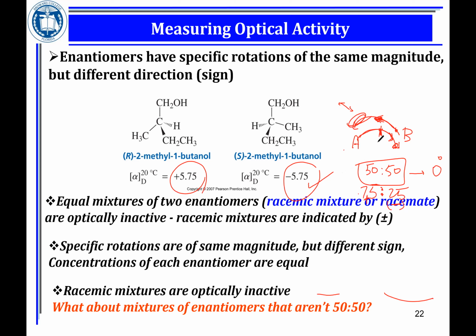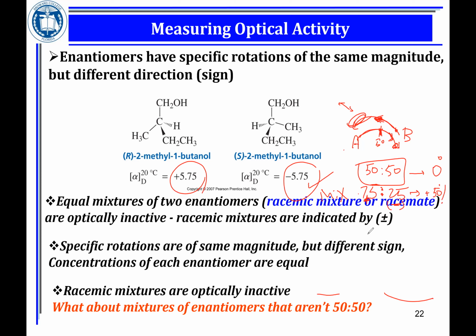The net result is going to be 50. So if you have a mixture of 75 plus and 25 minus, the net result is going to be 50 plus. This 50 plus is basically the overall rotation and is also known as enantiomeric excess or percent purity. Enantiomeric excess means that you have 50% more of the plus compared to the minus one.